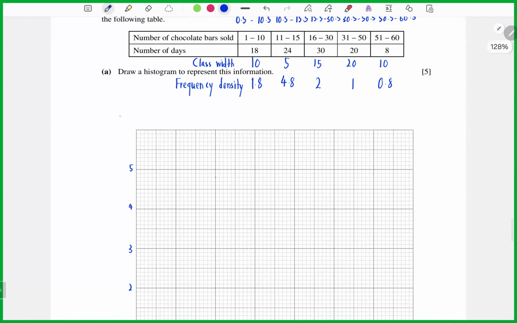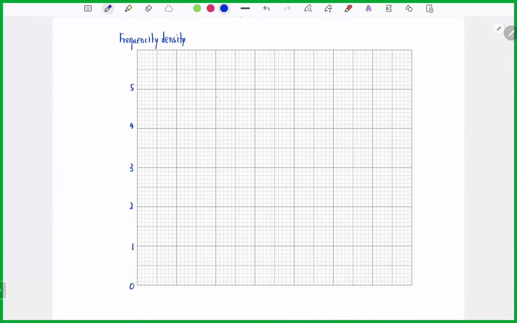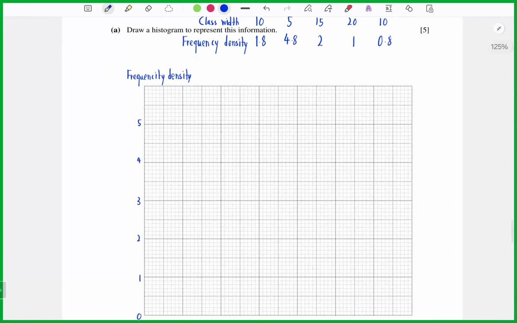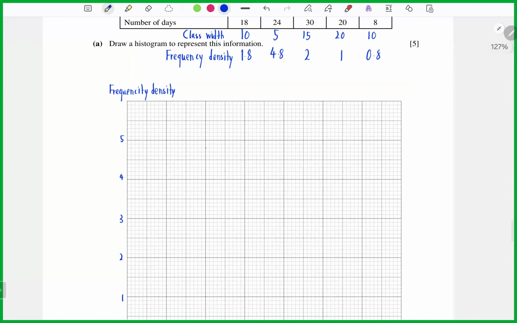So this is your frequency density. Okay, so we sketch until here.